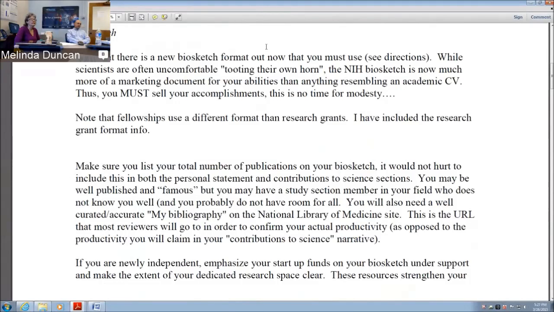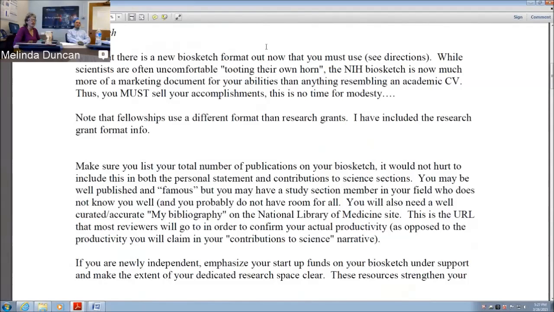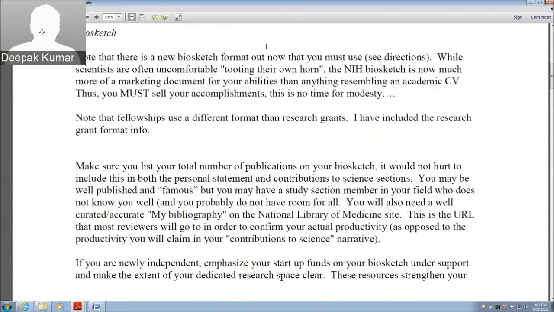A lot of people have said this about the new Biosketch format, and it's probably somewhat true: it really does disadvantage new investigators, because there is a section where you have to sell your contributions to science. There's also one section that's your personal statement.